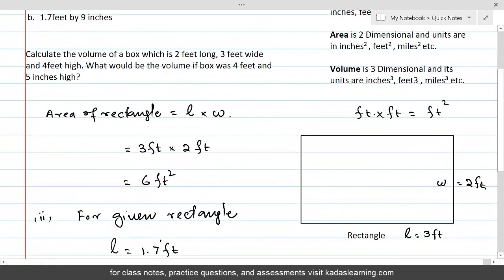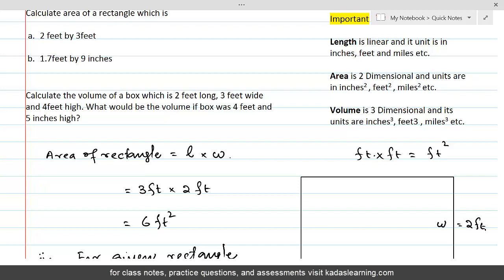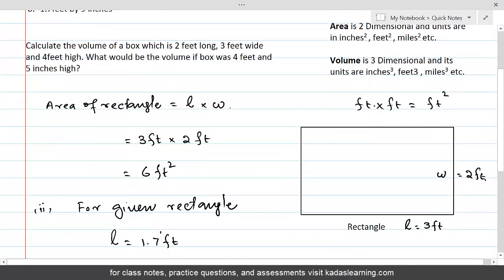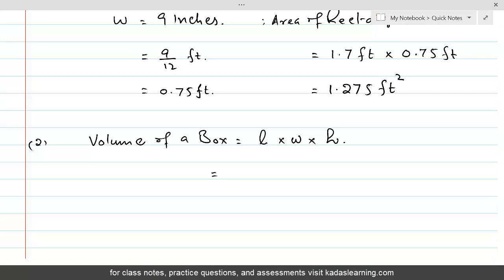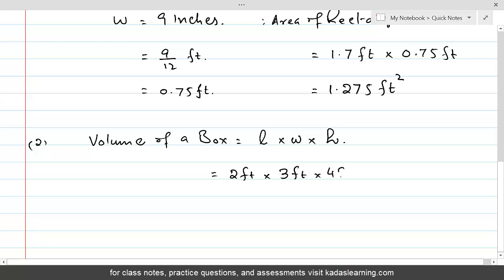In the question it's given to calculate the volume of a box which is 2 feet long, 3 feet wide and 4 feet high. Okay, here 2 feet times 3 feet times 4 feet.